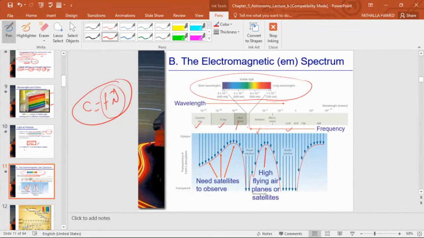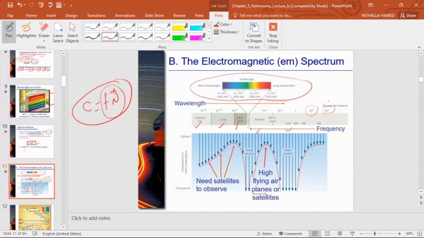You can see the wavelength here can go as high as 10 raised to the 2, which is about 100 meters, or 10 raised to the power 4, which is about 10,000 meters. And that's why sometimes if you're listening to radios and so on, there are things comparable to the size of this wavelength and they block and diffract them, and that's why you're not able to get them. Okay, so that's basically what we call the electromagnetic spectrum.